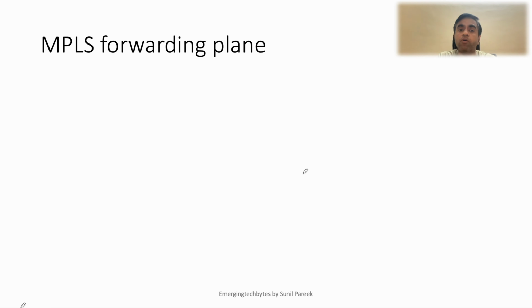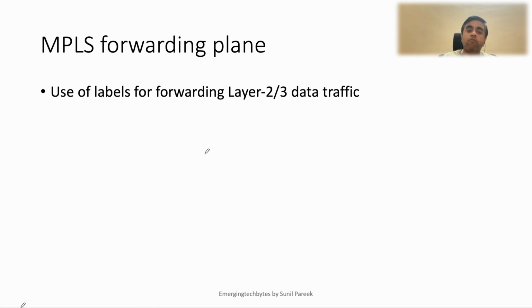And from the forwarding plane perspective, if you are somebody who does not understand MPLS at all, just consider that the forwarding happens based on the labels. There are these numbers like 20, 30, 40, 50.